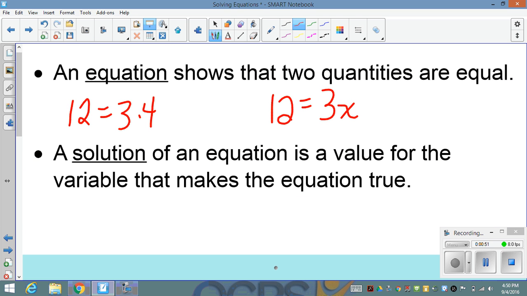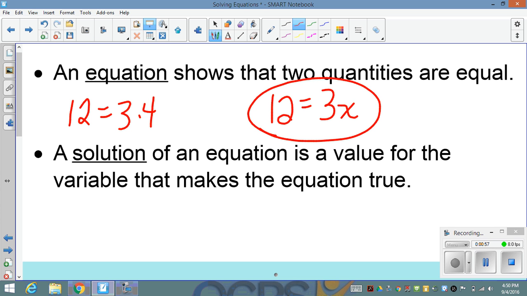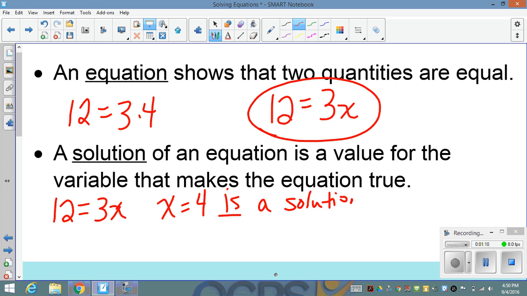Now, a solution of an equation is a value for the variable that makes the equation true. So let's take this equation that has a variable. Remember, 3x means 3 times x, so x equals 4 is a solution because 12 equals 3 times 4.